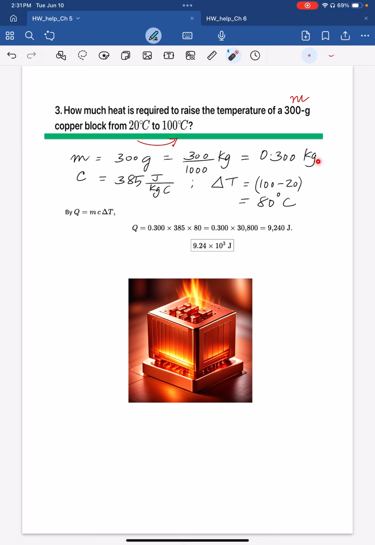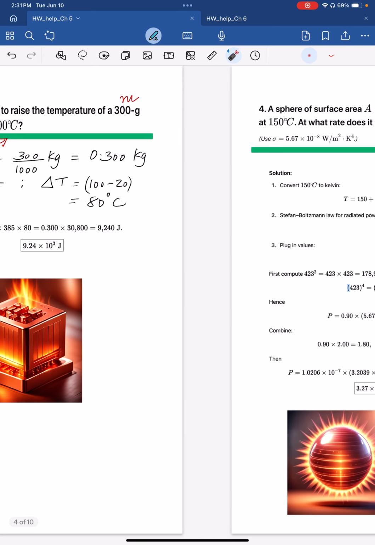Got the mass in kilogram, and then you have the specific heat in proper units, which is joule per kilogram Celsius. And then you have the change in temperature in Celsius. Okay, so when you multiply those numbers, you get the answer as 9,240 joules, which is 9.24 times 10 raised to 3 joules.